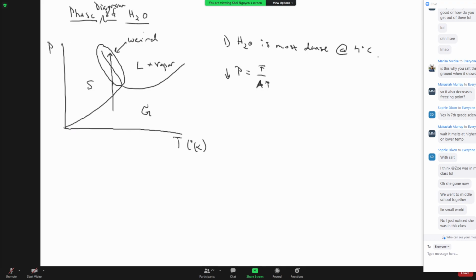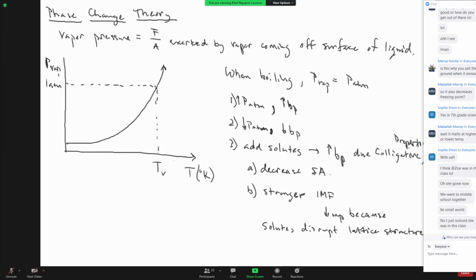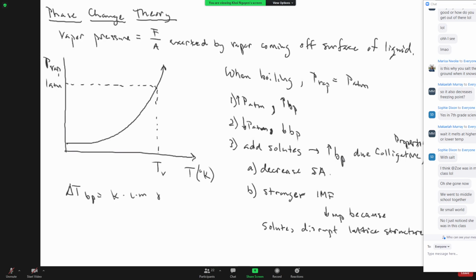So we'll go back. You can get rid of all those Avogadro, Boyle's, Charles's law things. And I need to go over your change in boiling point temperature. Actually, before we do that, we can do that right here. The change in temperature of the boiling point is equal to K times i times m times gamma.